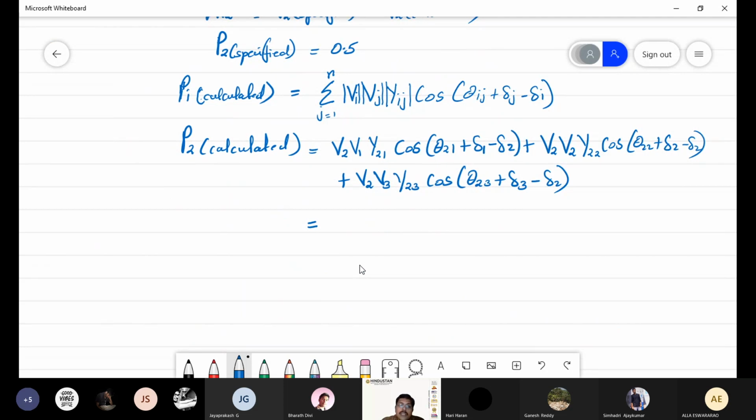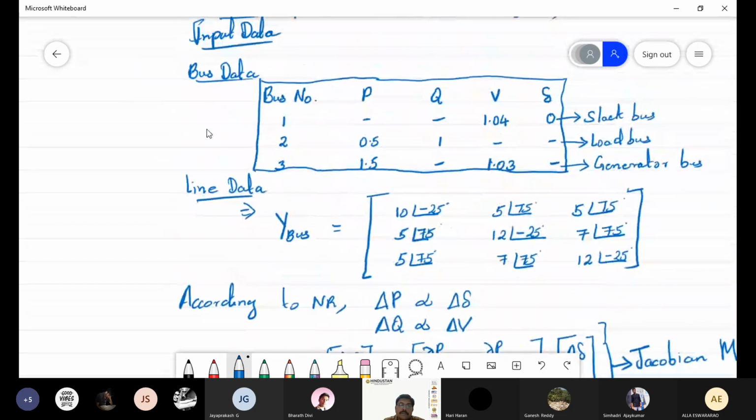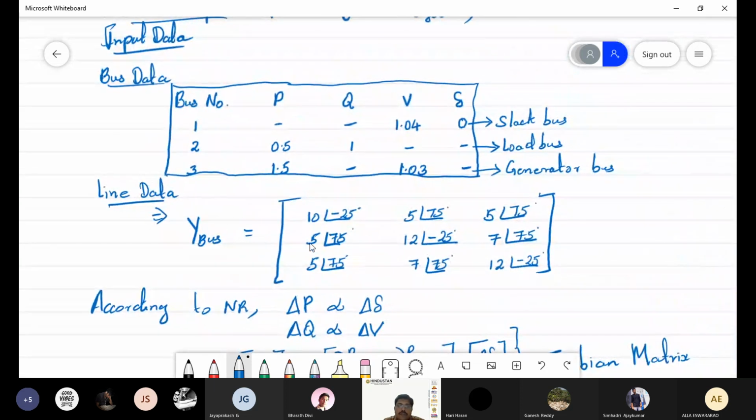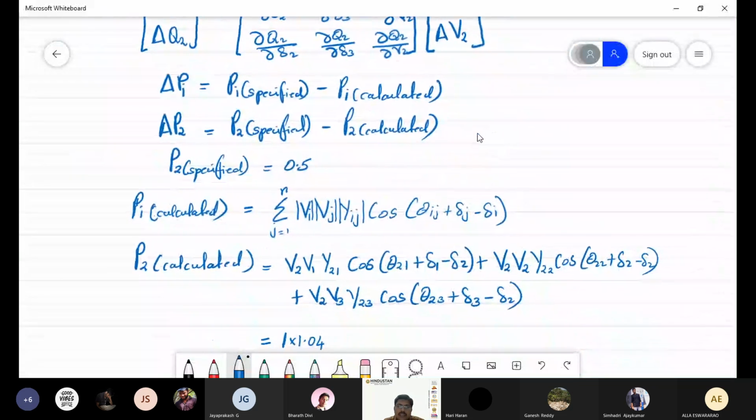Now listen, while assuming the flat voltage, since bus 2 is a PQ bus, no V value is given. Therefore flat voltage means 1, multiplied by the V1 value given, that is 1.04. And the Y21 value, from the magnitude, is 5. Similarly theta 21 value is 75.